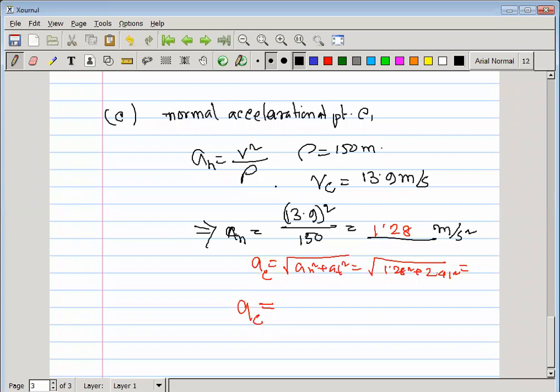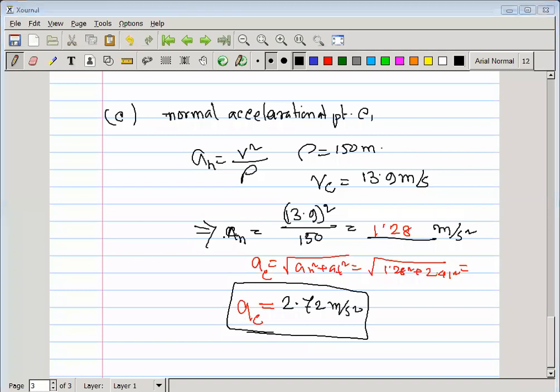So how much is A at C? It is 2.72. So 2.72 meter per second square is the result. This is the procedure to find any normal component and tangential component of the acceleration, and obviously the square root of them gives the total acceleration. So this problem is clear.